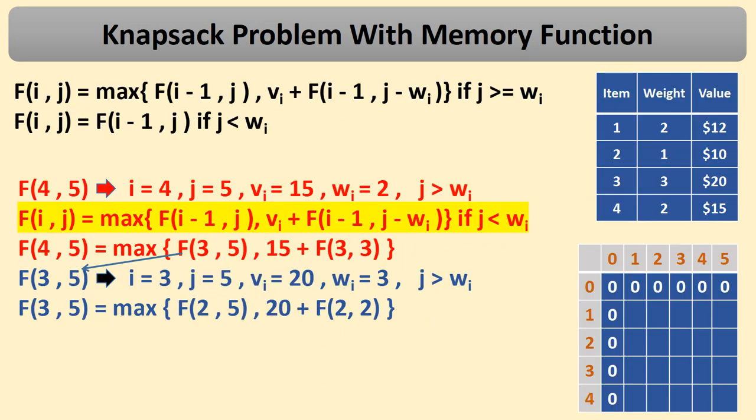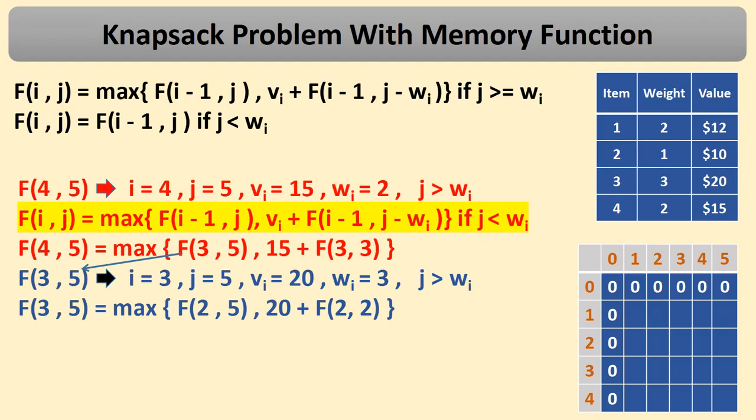As I mentioned already, this problem is a knapsack problem with memory function. That means the approach is bottom up. Bottom up in the sense you have to start from the bottom, then slowly fill one by one and reach the top.